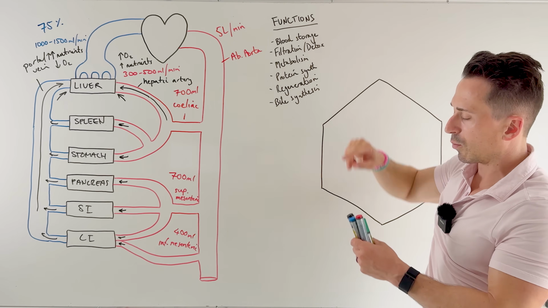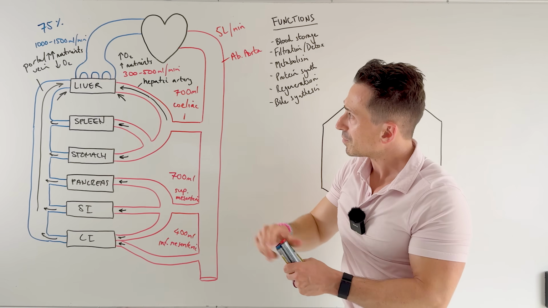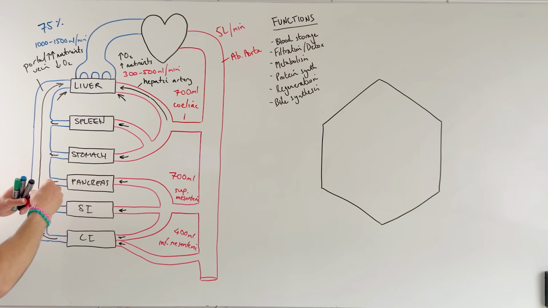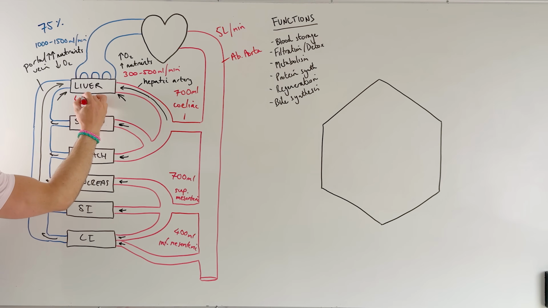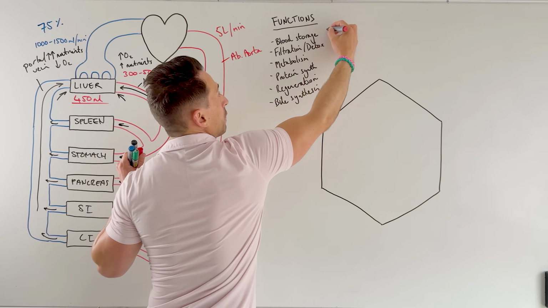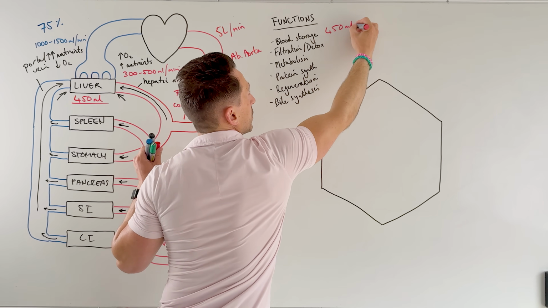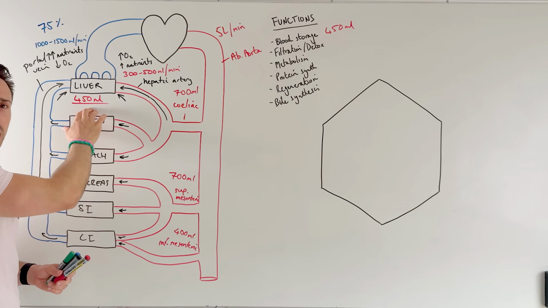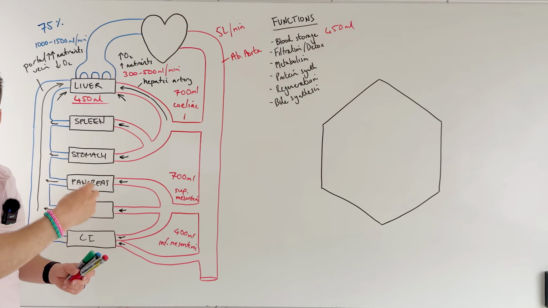So let's first start with blood storage. The liver can store around about 450 mils of blood at rest. So it can store 450 mils at rest. That's nearly half a litre of blood stored in your liver, in the sinusoids and hepatic veins.